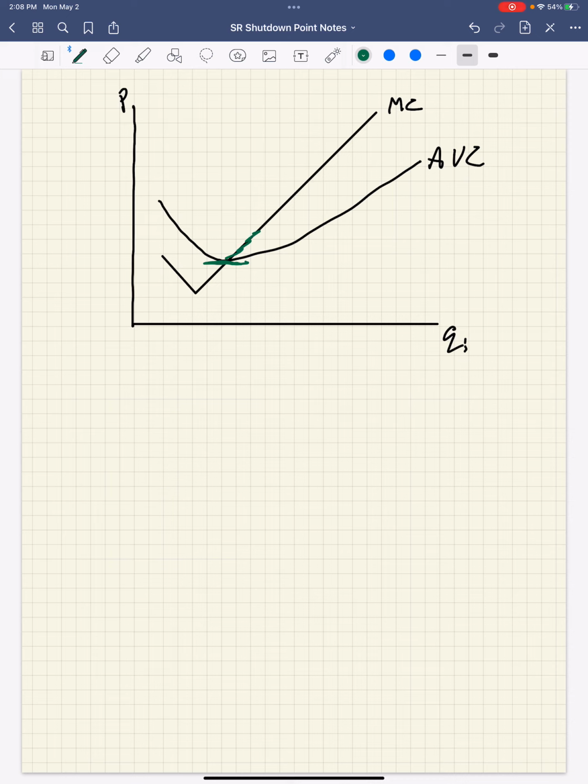Above that point, so all of this area on the marginal cost curve, that effectively is going to be the firm's supply. How much you're going to produce at given price levels. Below that point, down here, is going to be no production. Right? The firm is going to be shut down if the price drops below that level.